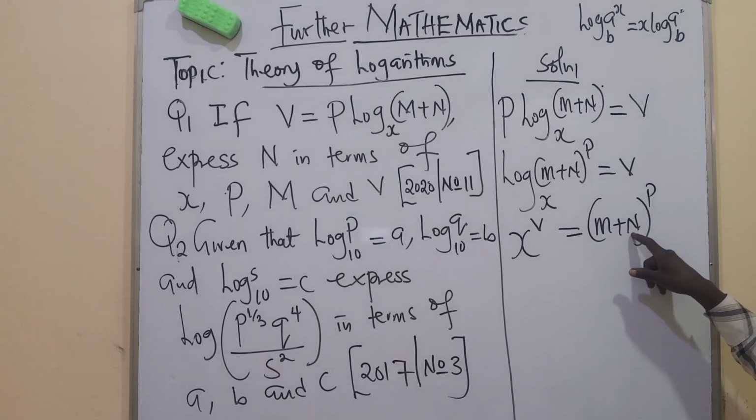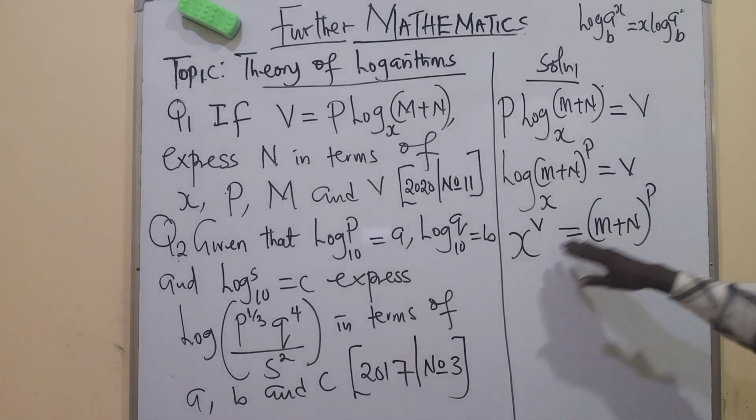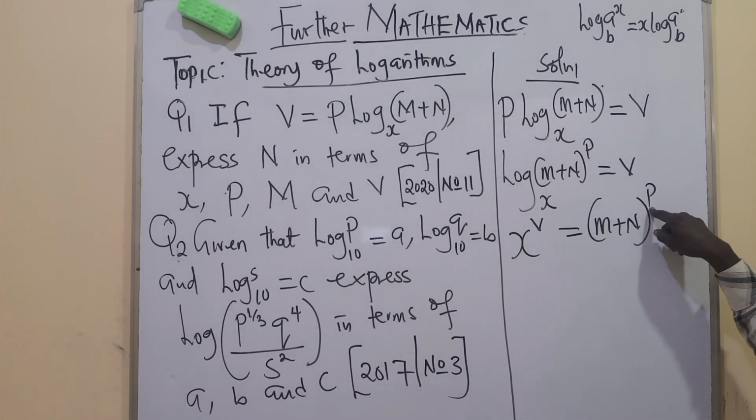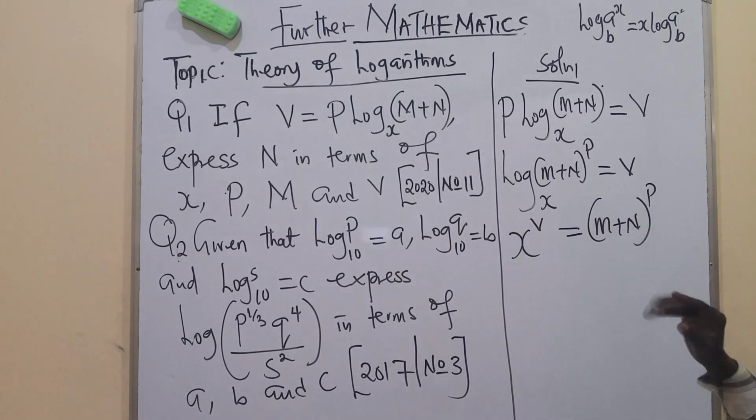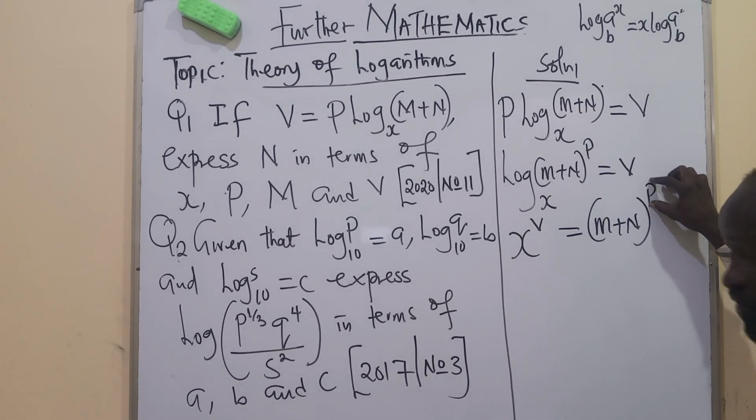So how can we make this n the subject of the relation? Now this is what we have here. To achieve that, first thing for us to do, we have to take the reciprocal of this p and raise both sides to it. The reciprocal of p is 1 over p, so that we can remove this p here.